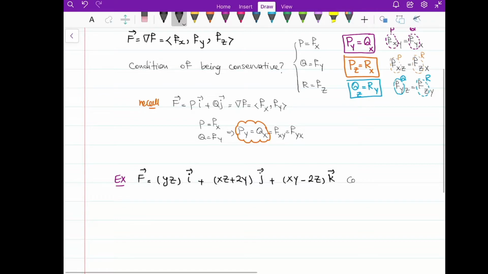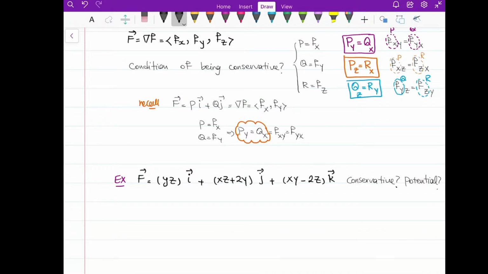Is it conservative or not? And find the potential function. Okay. So for the solution, this is P, this is Q, and this is R.